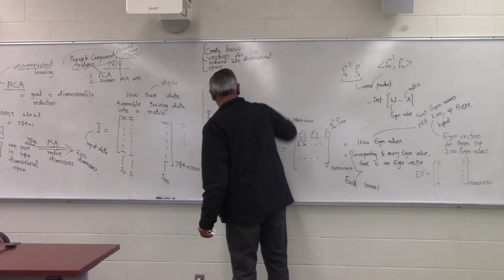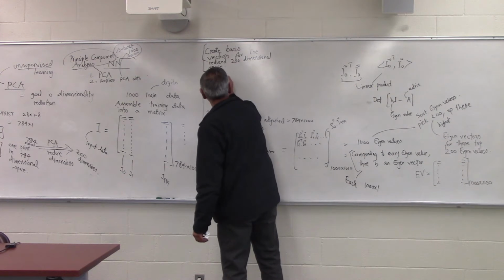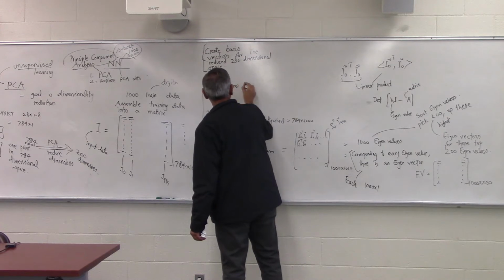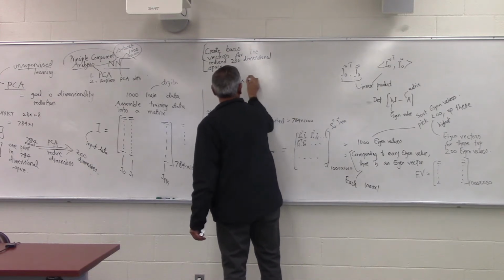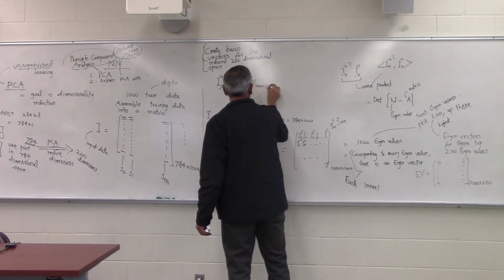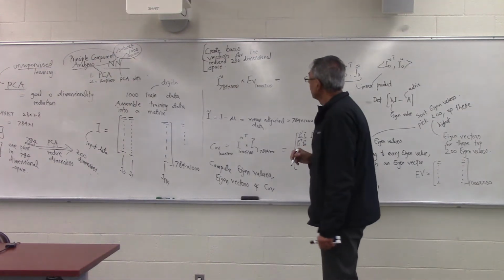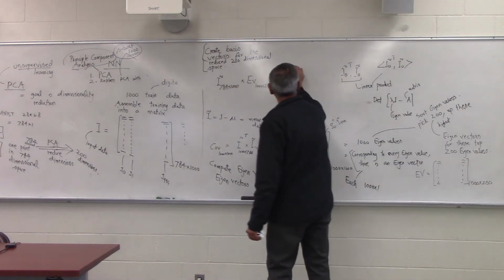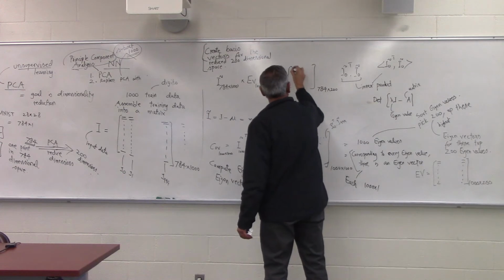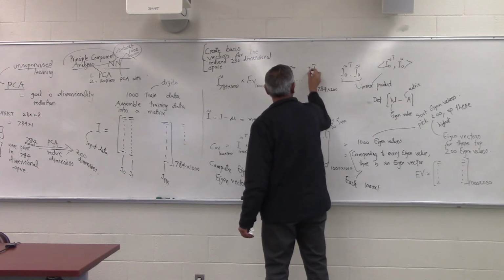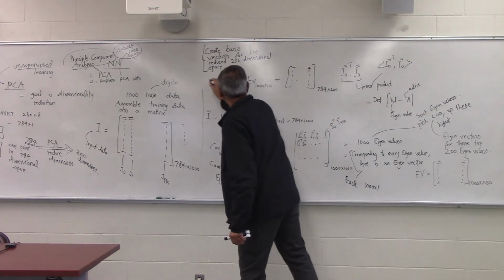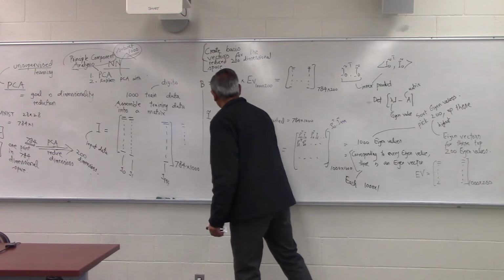One more time. Let me just do a simple one. I hat, which is 784 by 1,000, times EV, which is 1,000 by 200. So what will we get? 784 by 200. We'll get a matrix 784 by 200, right? So there will be 784 of these and 200 of these columns. Okay, so this is what we call the basis. So suppose I call this the B matrix, the basis matrix.